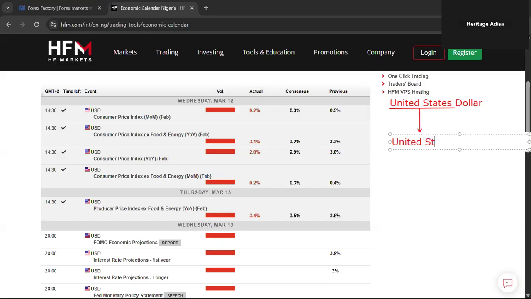So the United States is a major stakeholder in the performance of its currency, which means the performance of the US dollar cannot be mutually exclusive from the United States as an economy or as a country.